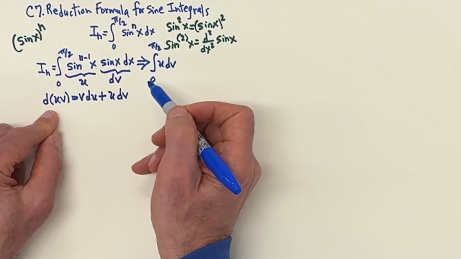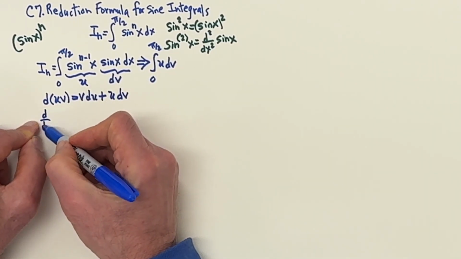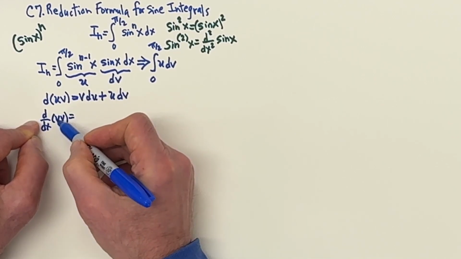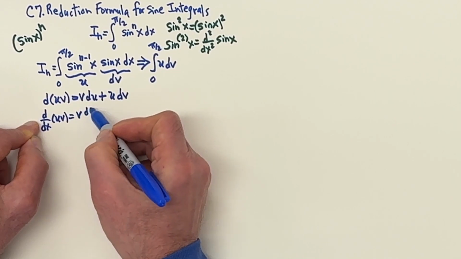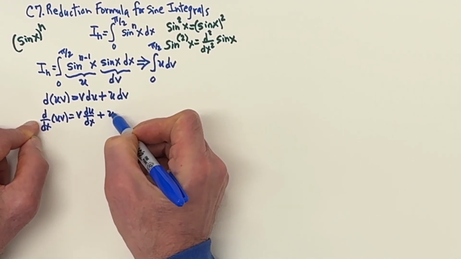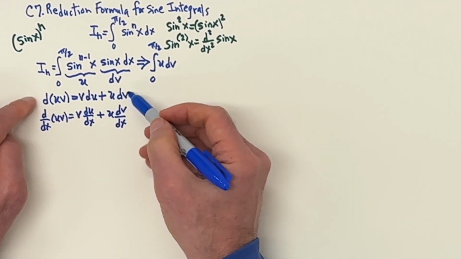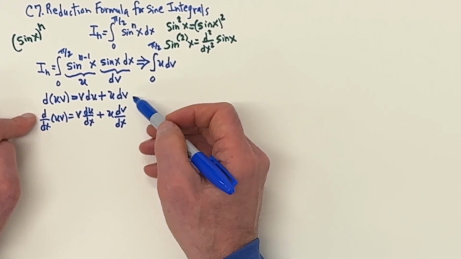You can think of that as the product rule, because if we were doing derivatives like this, that's what we would do. We would take the derivative of the first times the second, I'll put the second first, and then we would have the first times the derivative of the second. So this is the differential form of the product rule.